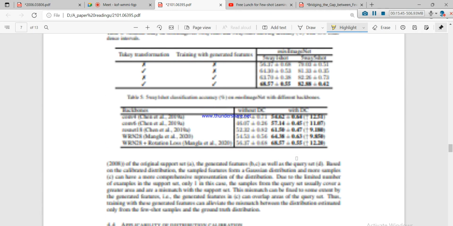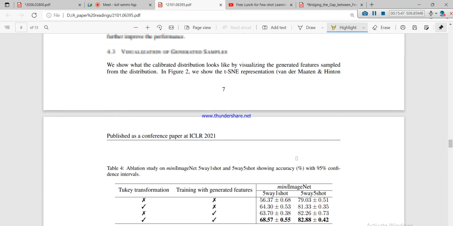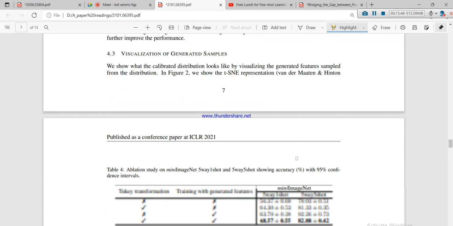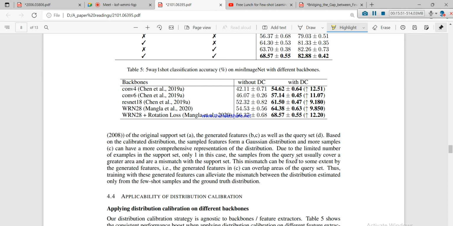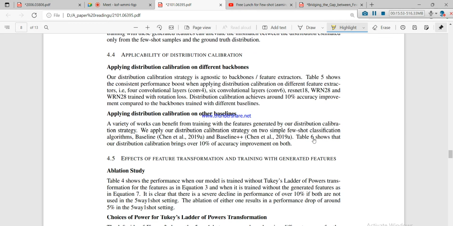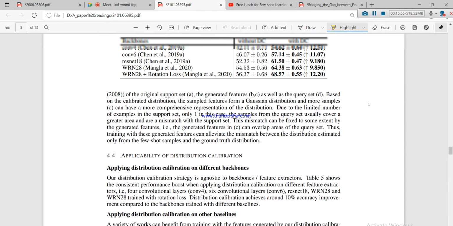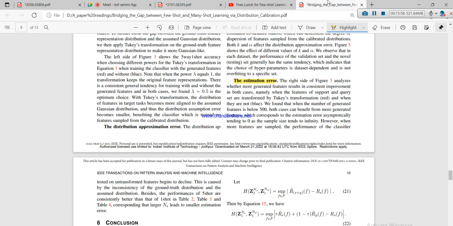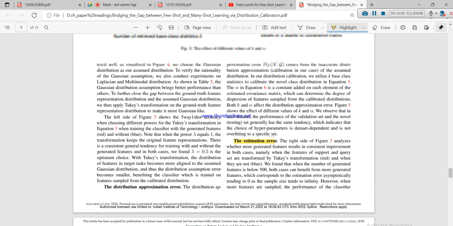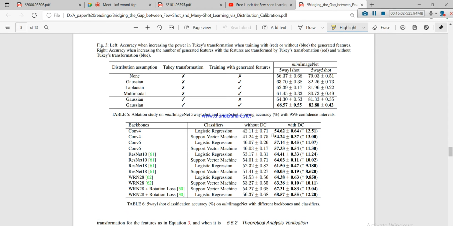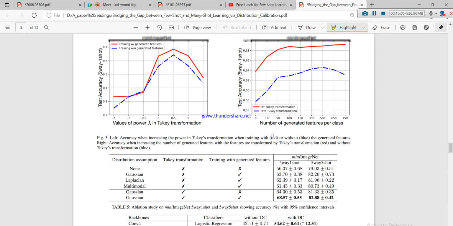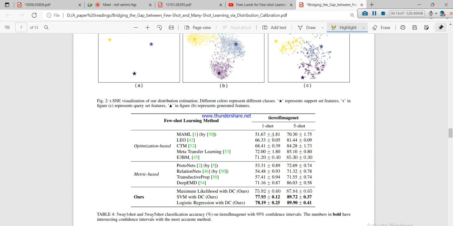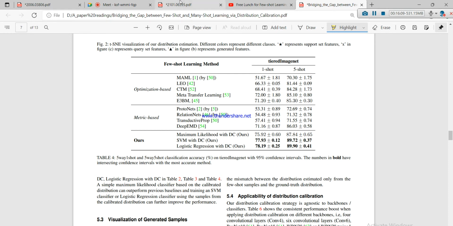Yes, implementation details. So this paper was about that, and they have included some more experiments, like in the previous paper there were some experiments. Where are those experiments?